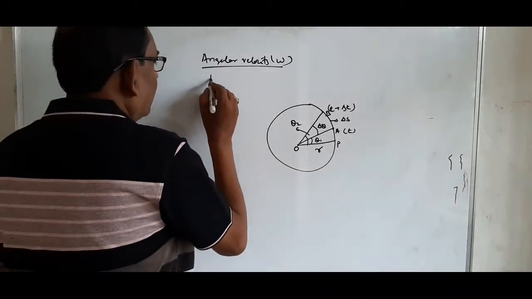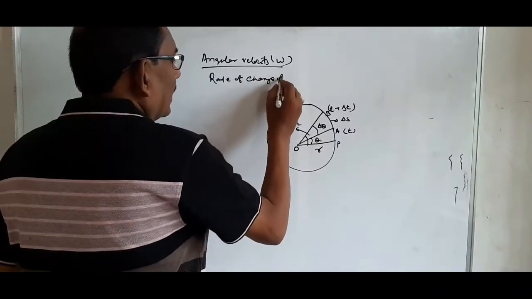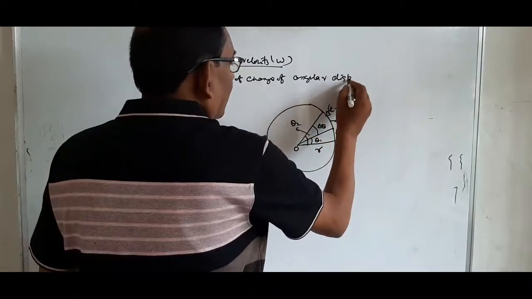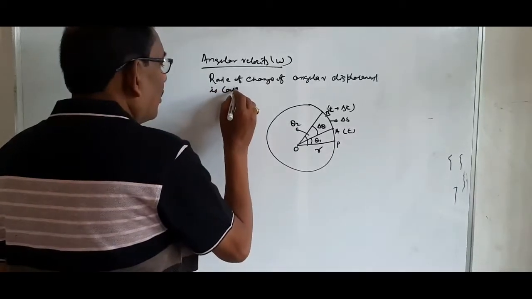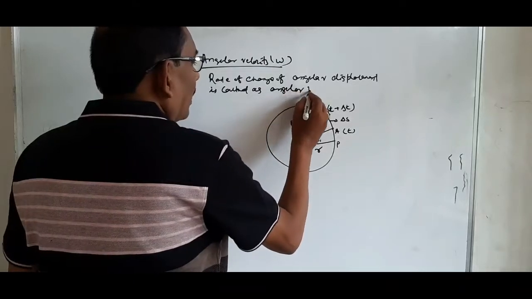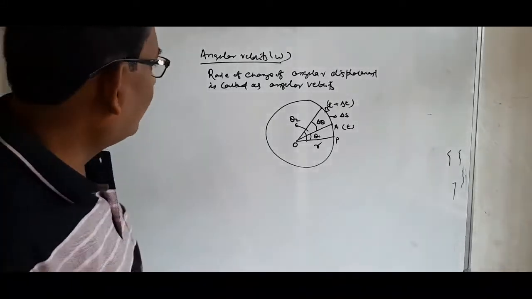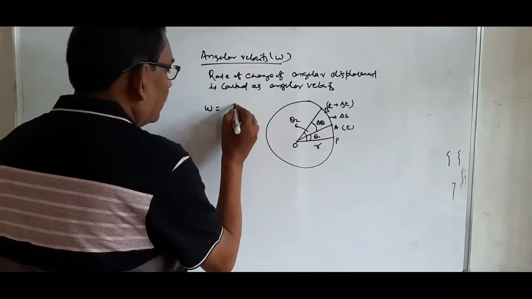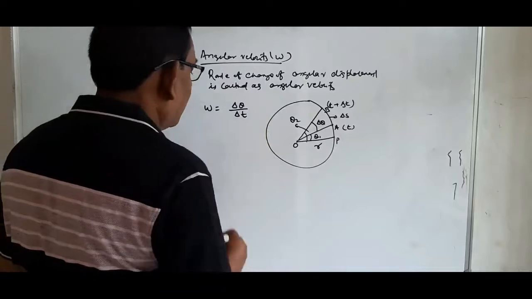The rate of change of angular displacement is called angular velocity. Now the mathematical formula of angular velocity: omega equals the rate of change of angular displacement in a small time interval delta t. Okay.